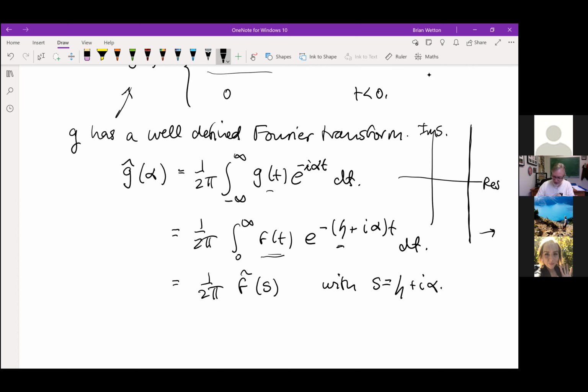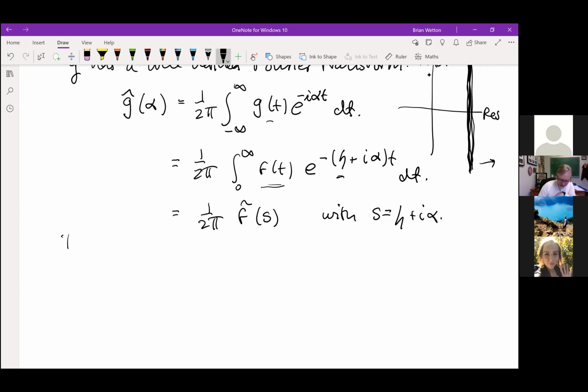So the Laplace transform is just an integral, defined for S in the complex plane, but the only thing that matters is that you have it on a vertical line in the complex plane. So we've got the inverse Fourier transform.